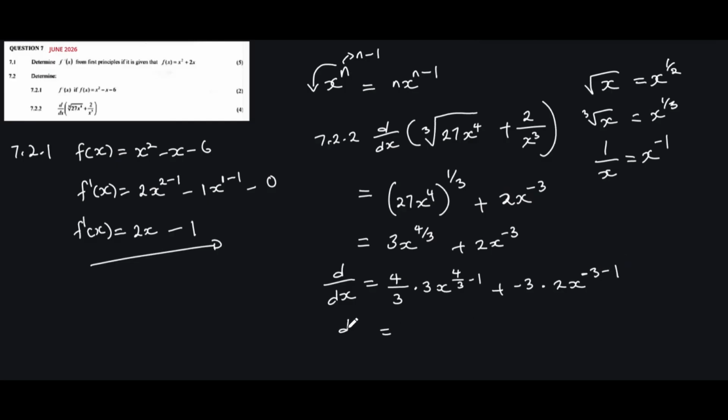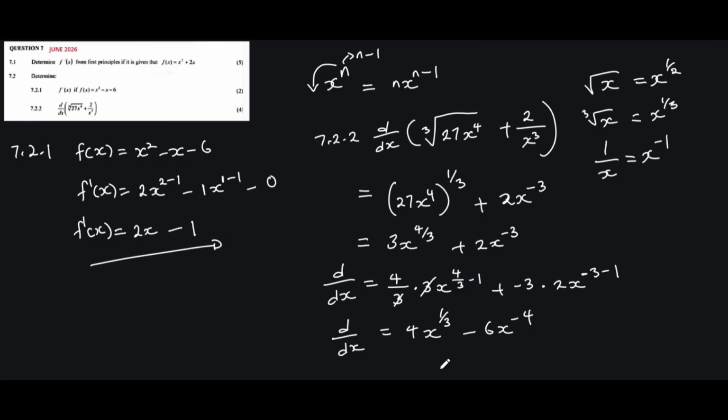Then just to simplify this, 4 over 3 times 3, the 3 will cancel with the 3 there, and you'll be left with 4x, and then 4 over 3 minus 1, we can do that with our calculator, and it will give us 1 over 3. And then negative 3 times 2 will give you negative 6x, and then negative 3 minus 1 will give you minus 4 there.